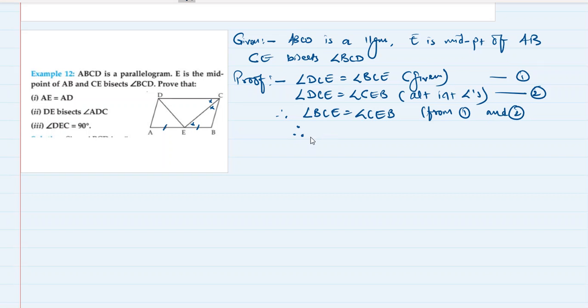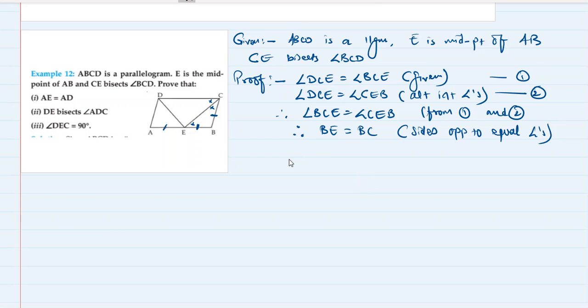And therefore we can say that BE is equal to BC, sides opposite to equal angles. Sides opposite to equal angles are equal. So BE and BC are equal to each other.